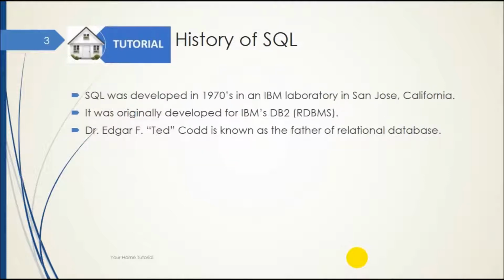So first let us understand the history of SQL. SQL was developed in the 1970s in an IBM laboratory, based on the model given by Dr. Edgar F. Codd, and this model was of a relational database. A relational database model says that we will store information in tabular form, and all the tables will be related to each other. SQL was originally developed for IBM's DB2, which is also an example of an RDBMS, or Relational Database Management System.